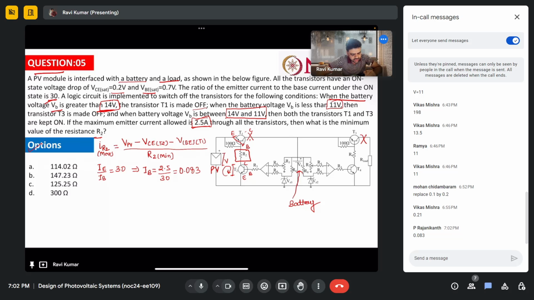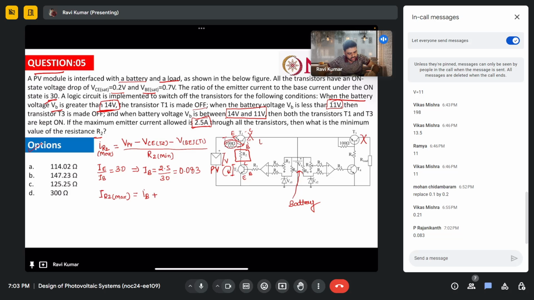Okay, so one more equation we can write here in terms of I: the current through R2 maximum will be equal to how? We have IB here, the current flowing from here, IB, plus the voltage across these terminals divided by 100, that will be the current that can flow through this resistance.